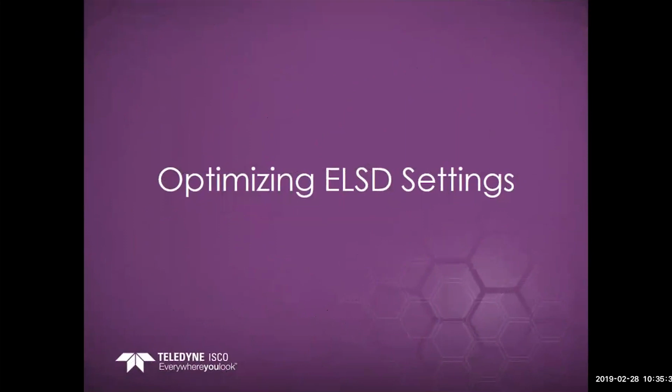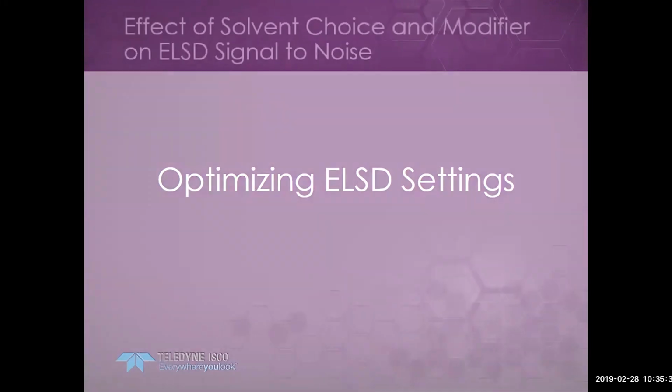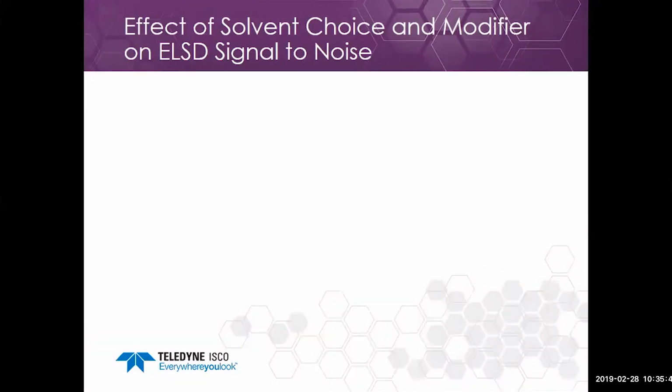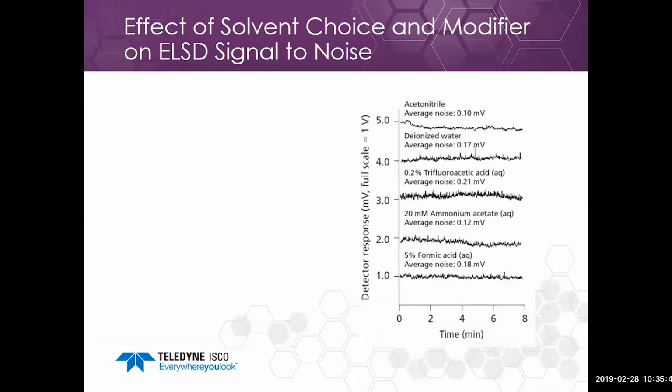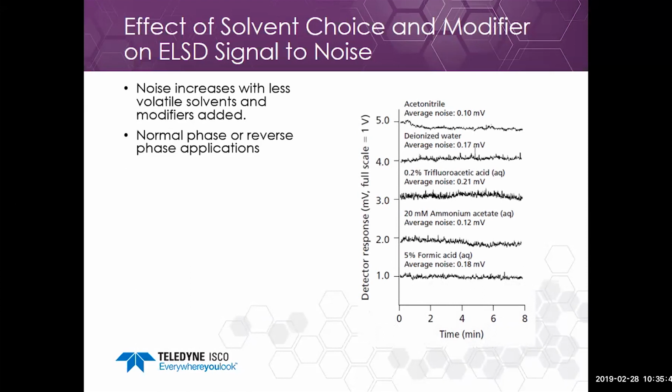So the last point I want to make regarding ELSD is about optimizing the ELSD settings and what you can change. One of the key things regarding ELSD is that the noise increases with less volatile solvents and modifiers added if you maintain the same temperature.